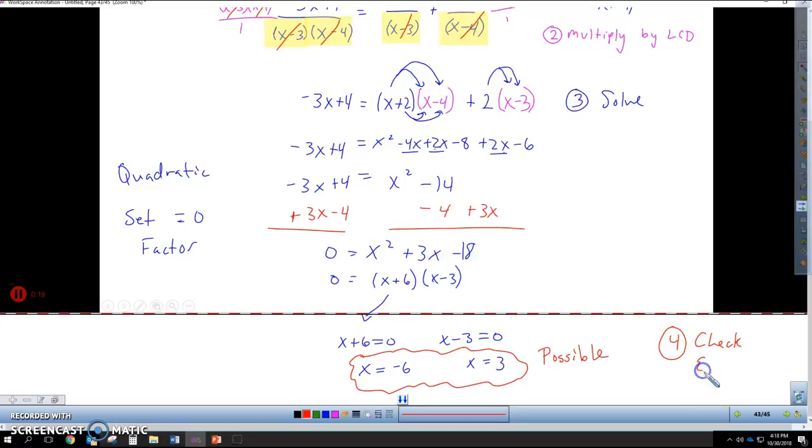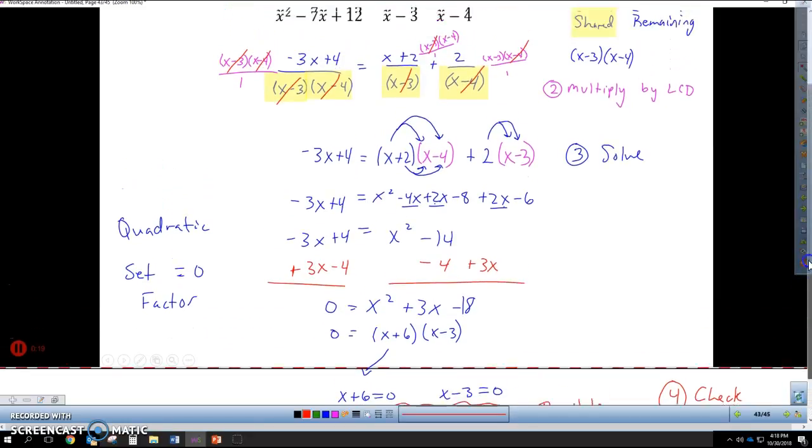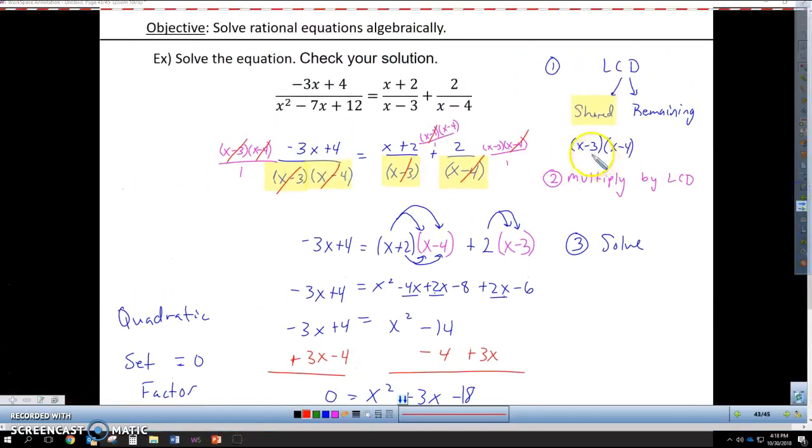Now remember, in step 4, you have to check your excluded values. Some of these solutions might not even be allowed in our domain. So I'm going to go back up here and look at my LCD. For the factor x minus 3, x cannot be 3.